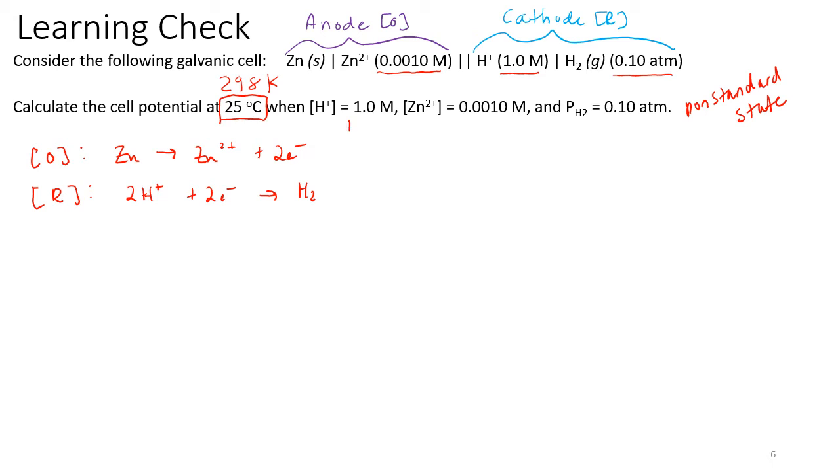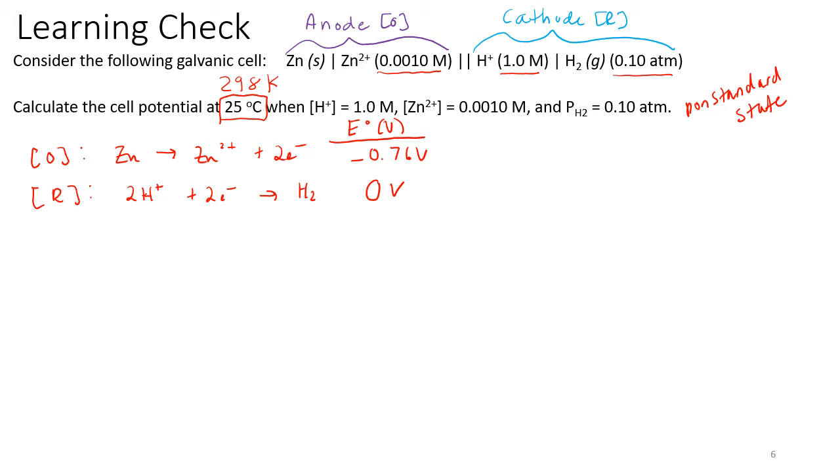And so if you look at your standard reduction potential chart, we know that the standard reduction potential for the SHE, the standard hydrogen electrode, is 0 volts. And if we look up the reduction potential for our zinc half reaction, we're going to see that it is negative 0.76 volts.